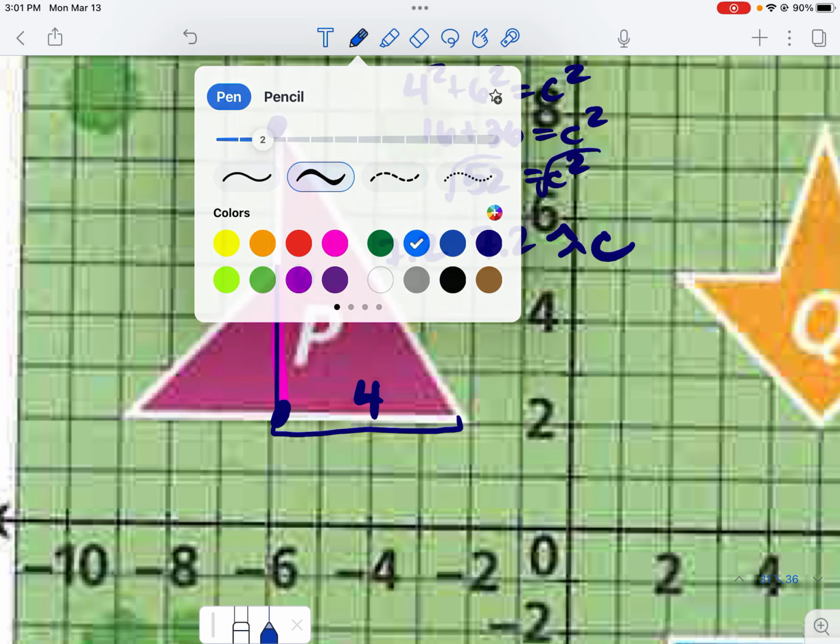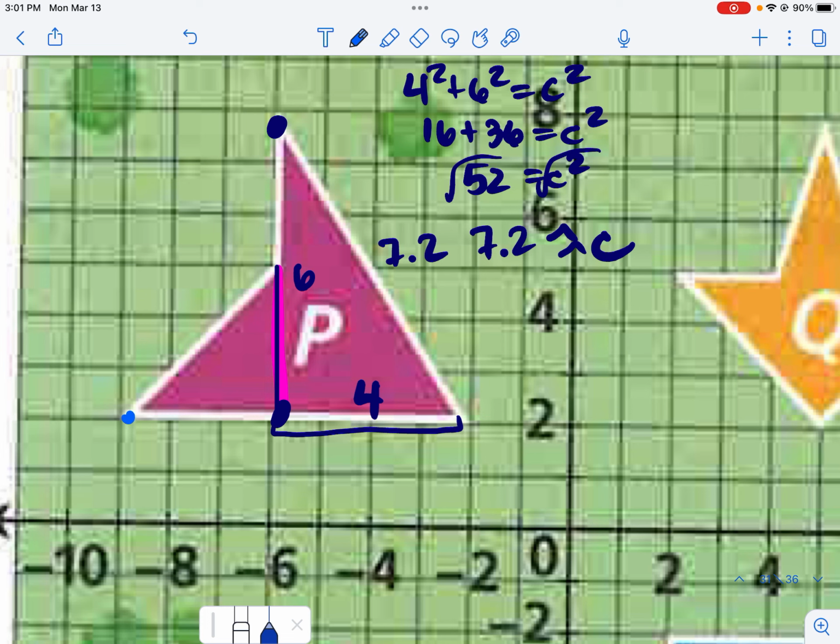Then I'm going to change this, and from here to here, that's 3. And from here to here, that's 1, 2, also 3. So 3 squared plus 3 squared equals c squared. So 9 plus 9 equals c squared.